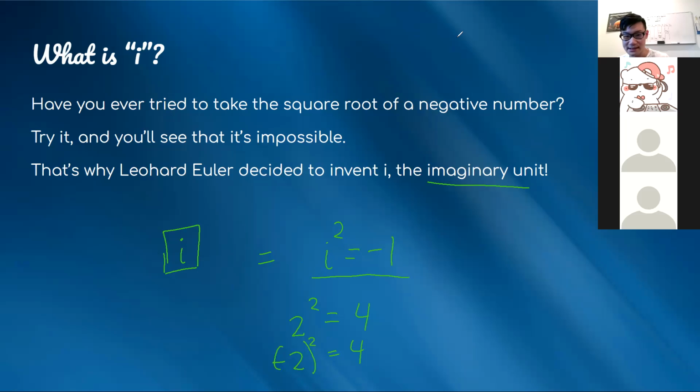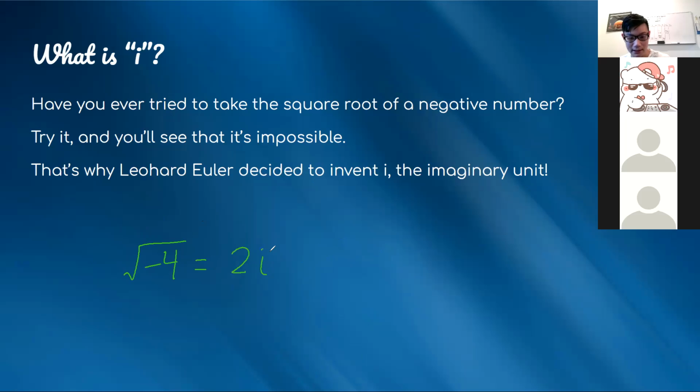And now this allows us to do many things. For example, if I told you to take the square root of negative 4 now, it would actually just be 2i. Because if we then took the square of this, right? So ignore this for now. If we squared this, it would be 2 times 2, 2 squared, which is 4, and then i times i.